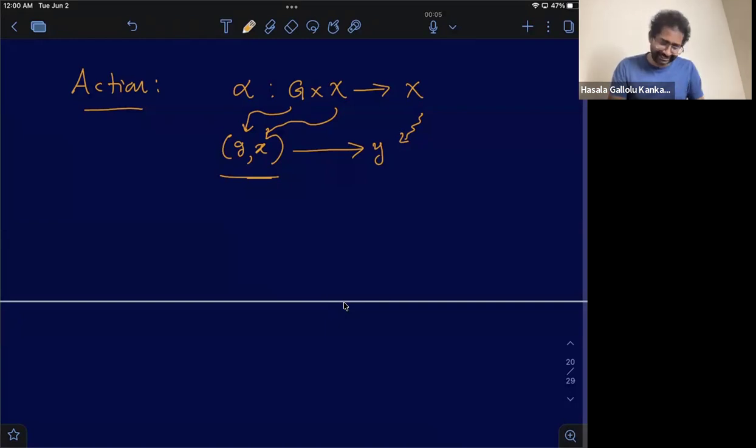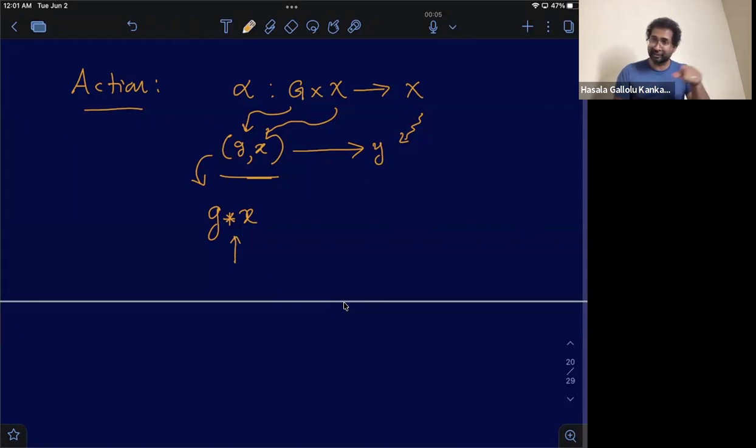In terminology, you will see this kind of thing. Sometimes this action can be indicated by another operation. Other than writing G and X as the ordered pair, one can say G operated with X. I did not use a dot here on purpose.